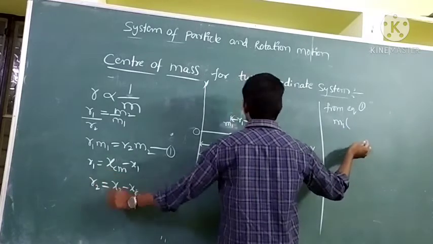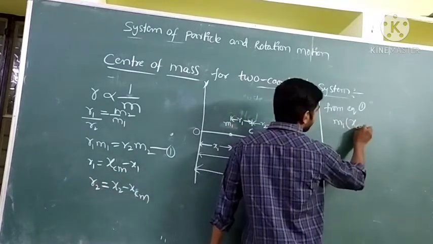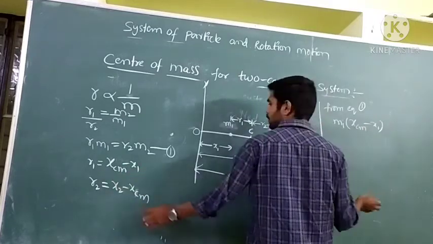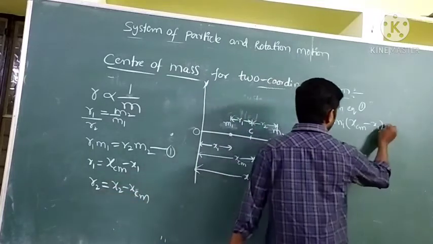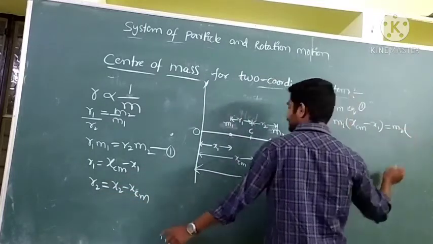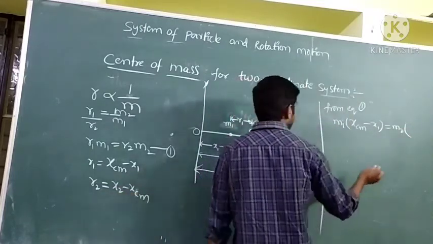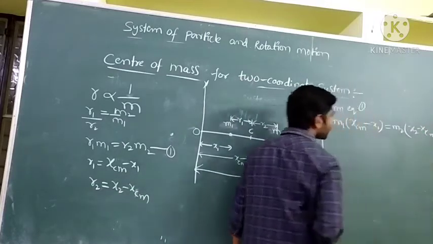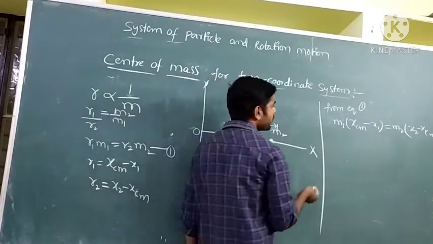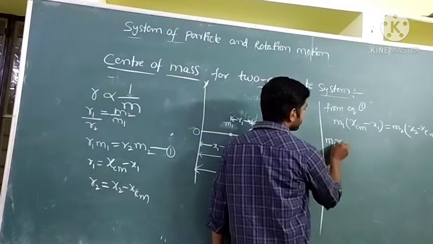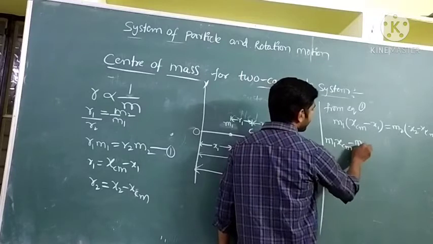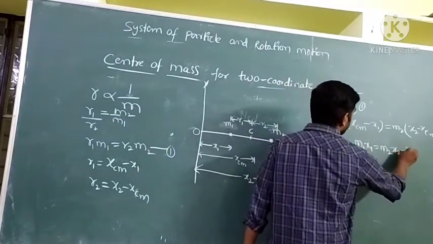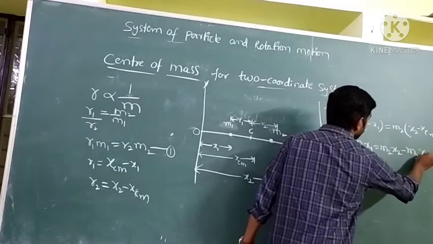R1 means xcm minus x1, and R2 means m2 of x2 minus xcm. Just simplify it, and we will get m1 xcm minus m1 x1 is equal to m2 x2 minus m2 xcm.